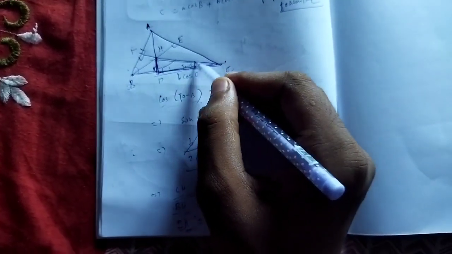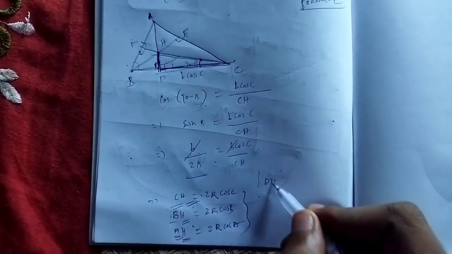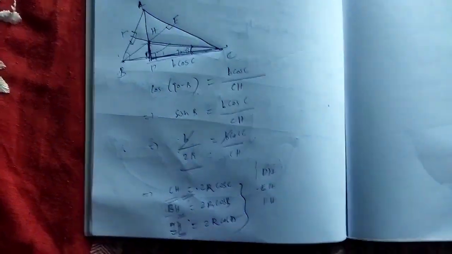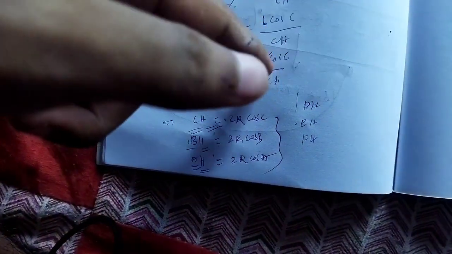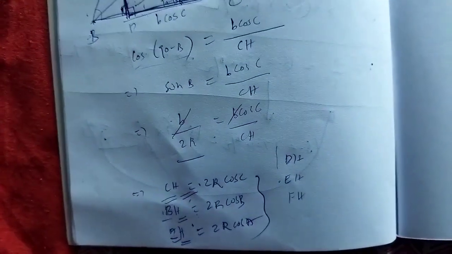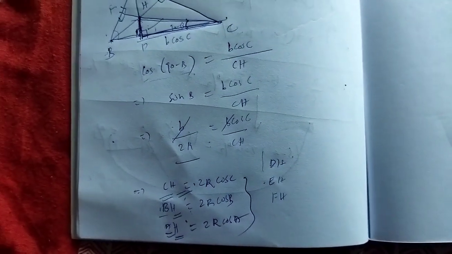We can apply sine in the same right angle triangle and we can get DH, EH and FH. These will be the distances of the orthocenter from the sides. We can calculate by considering those right angle triangles.